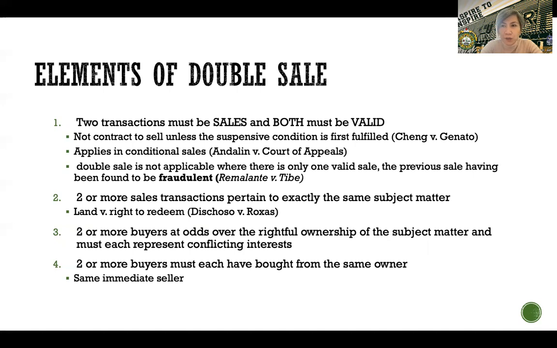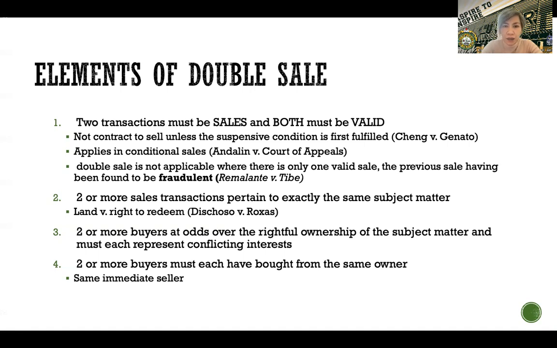So the rule on double sales applies to conditional sales. So not just absolute sales, but also conditional sales. And then the double sale rule will not apply when there is only one valid sale, because the other sale was found to have been fraudulent.